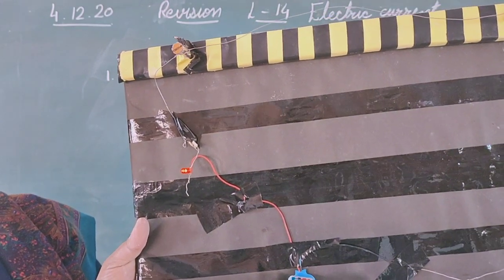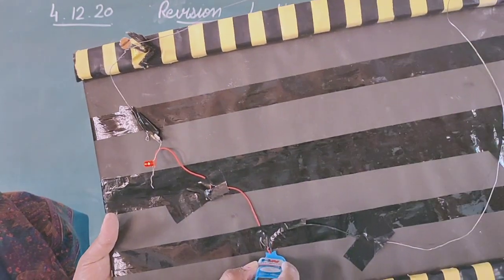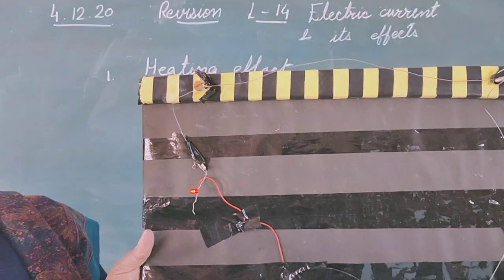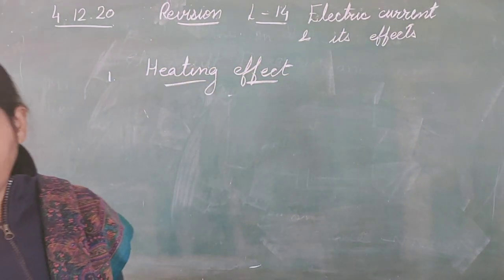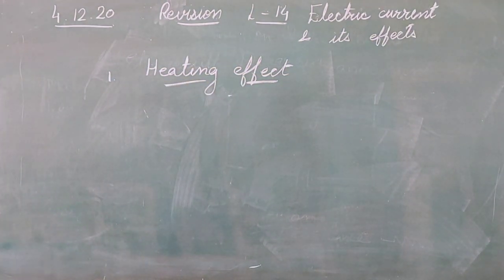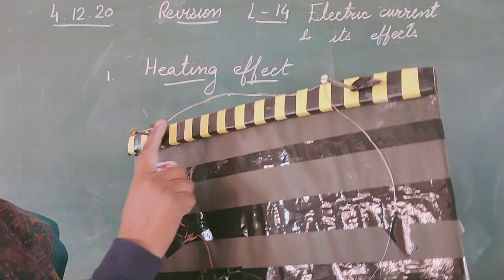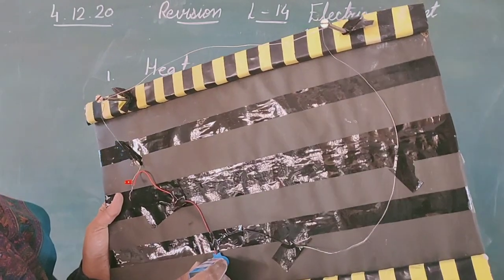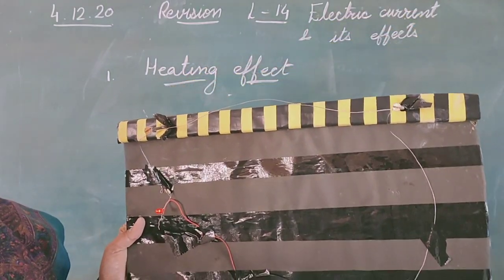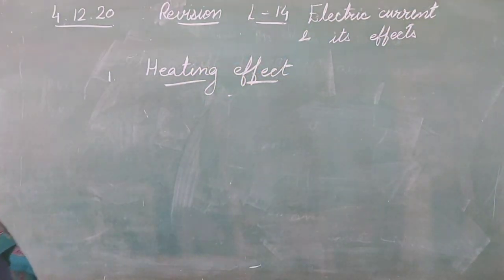It means the current is flowing through the circuit. When current is flowing through the circuit, after some time, this wire becomes red hot. The wire here is a bit hot. The wire becomes red hot and this shows the heating effect of the current.